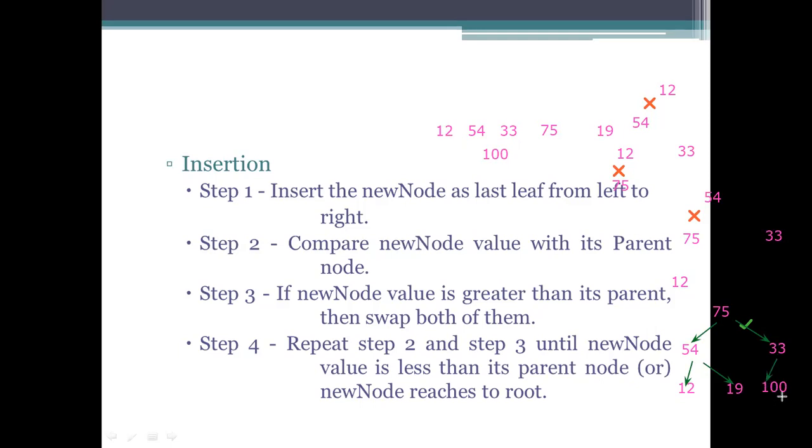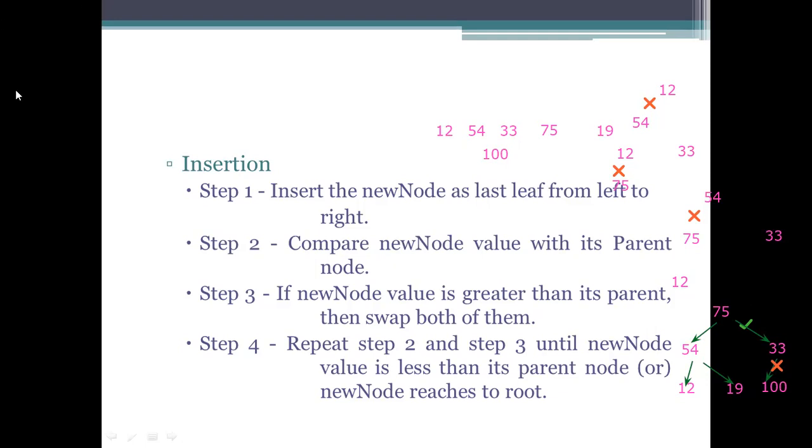Now compare the value here. This new node's value will be compared with its parent's value. It is greater than 33. What happens here? We need to swap the values.